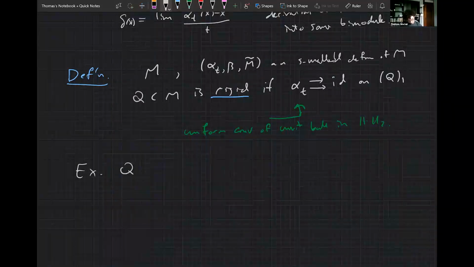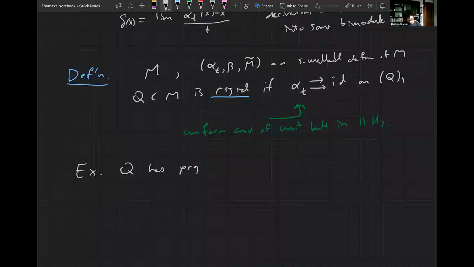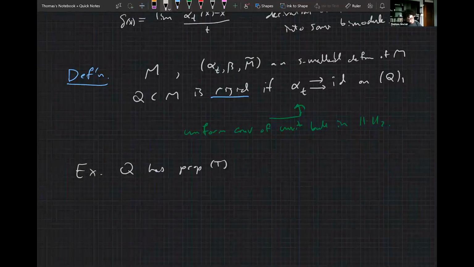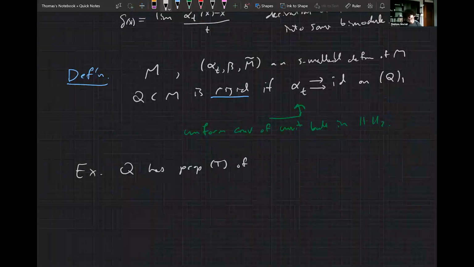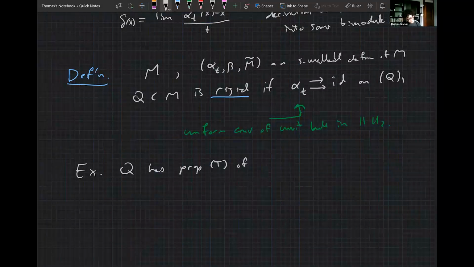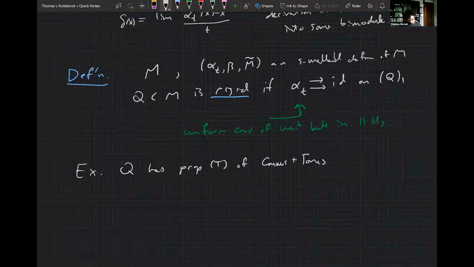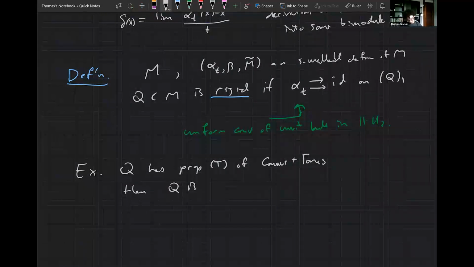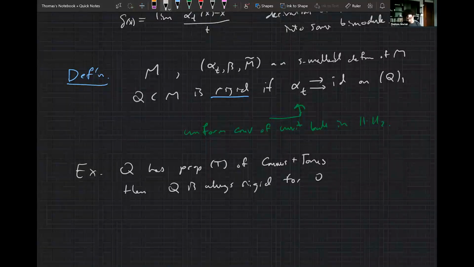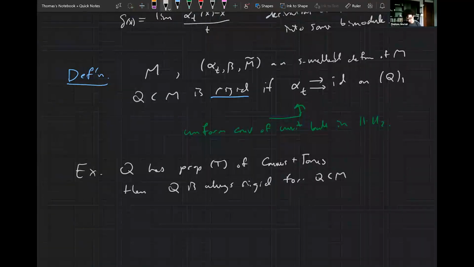For example, if Q has property T, there's a generalization of property T from groups to von Neumann algebras due to Connes and Jones, then Q is always rigid, for any embedding and any deformation.